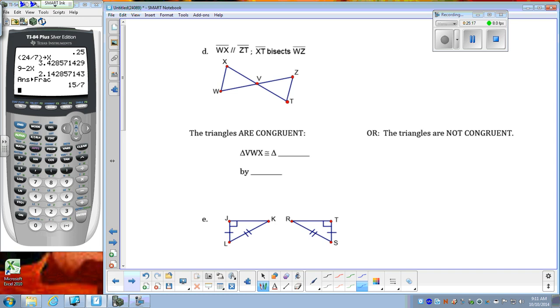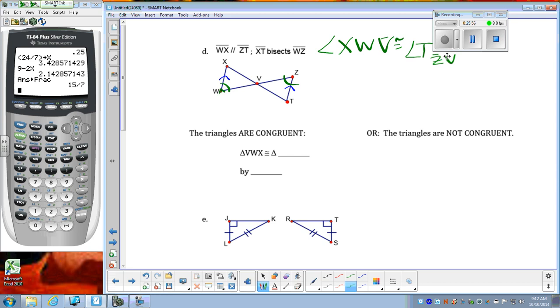Letter D. I know that WX is parallel to ZT. So then I can use some parallel angle pairs. So I know that angle XWV is congruent to angle TZV because they're alternate interiors.